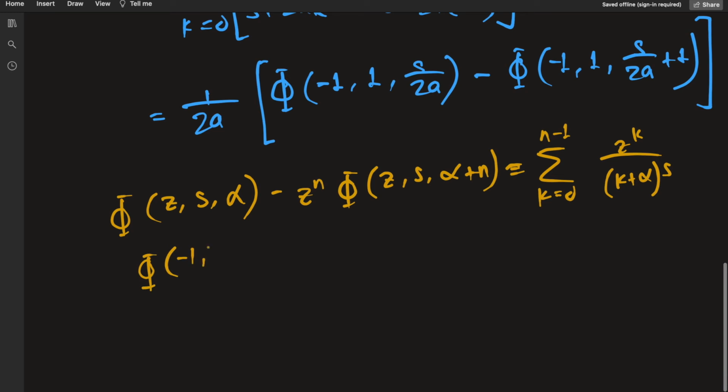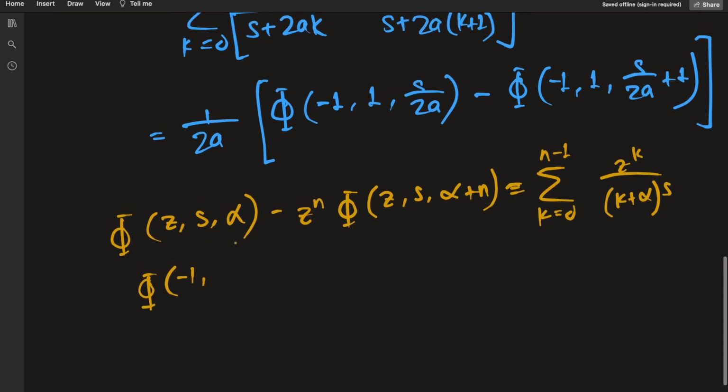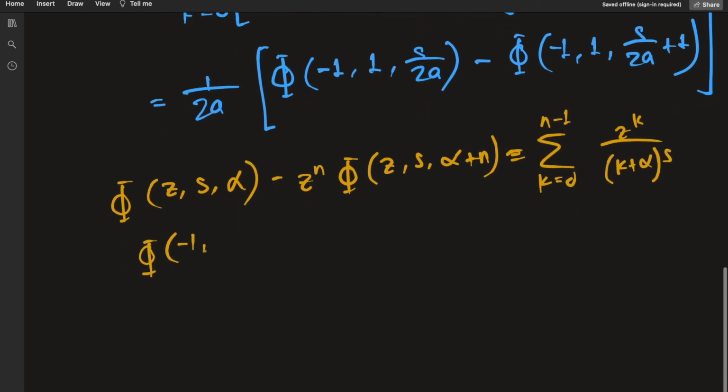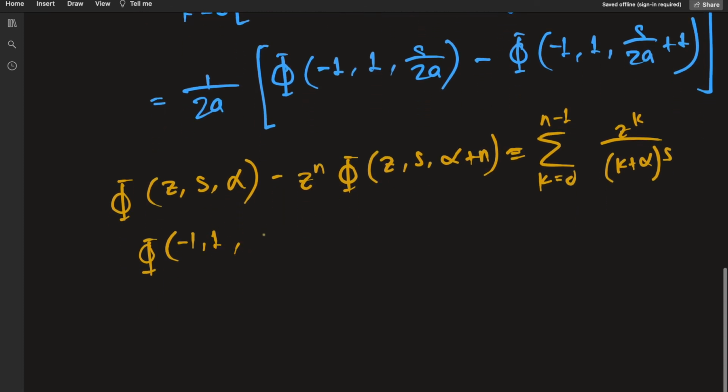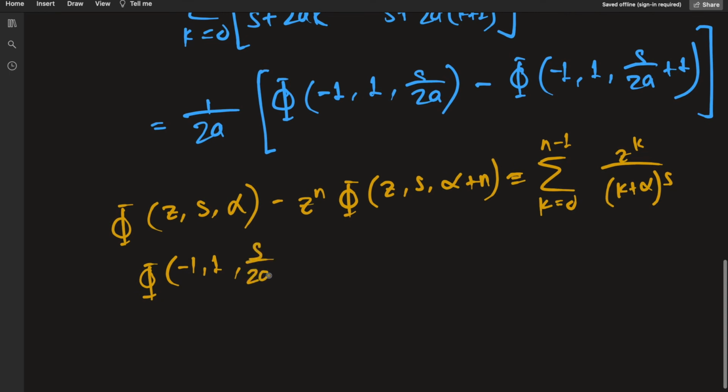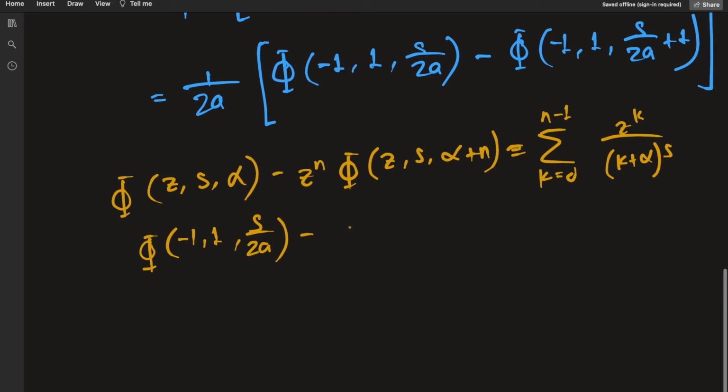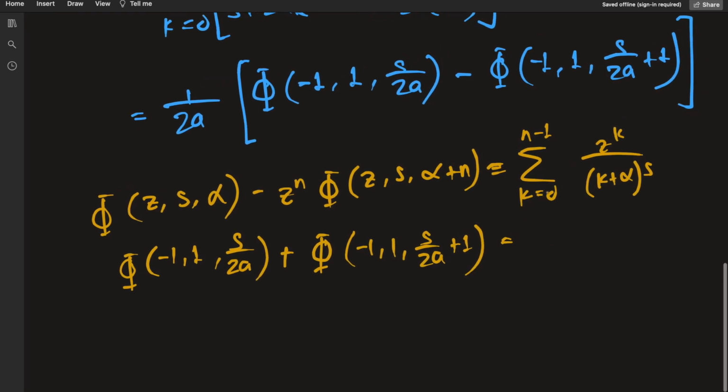So phi of negative 1, s is 1 because of the power of the denominator. Alpha is s over 2a. Negative 1 to the first power is negative, so it'll make a positive. Phi of negative 1, 1, s over 2a plus 1 is equal to, since n is 1, the sum from k equals 0 to 0.